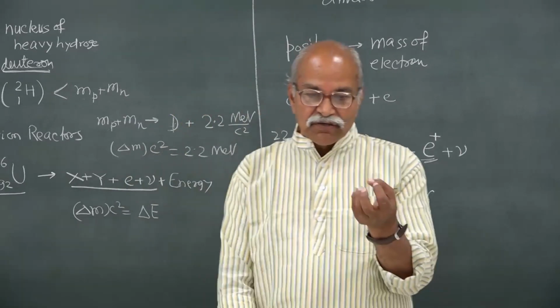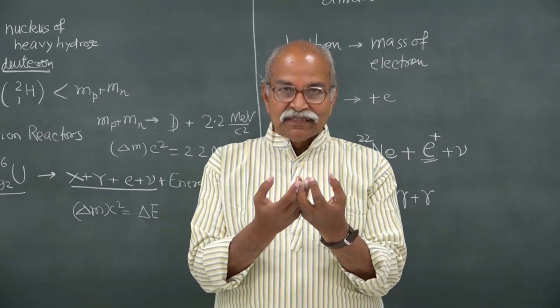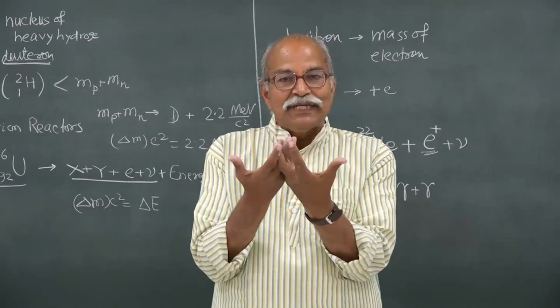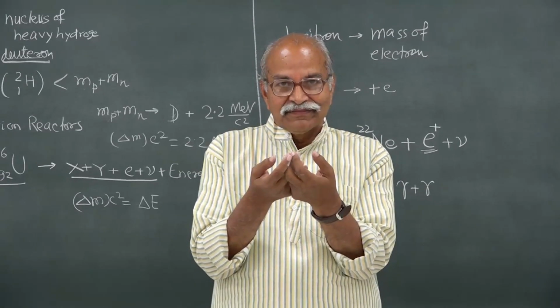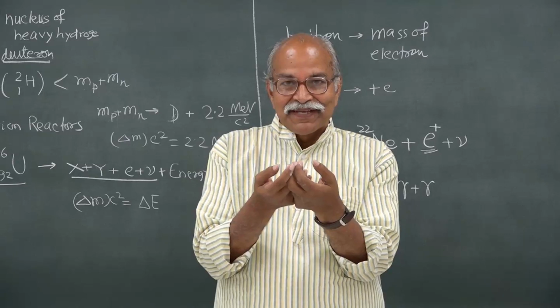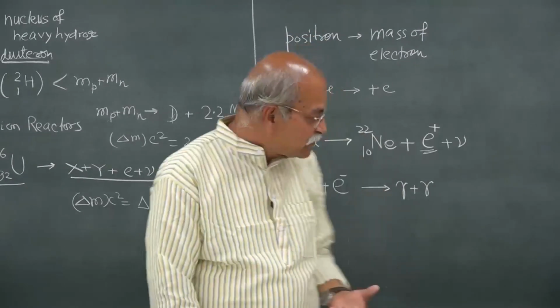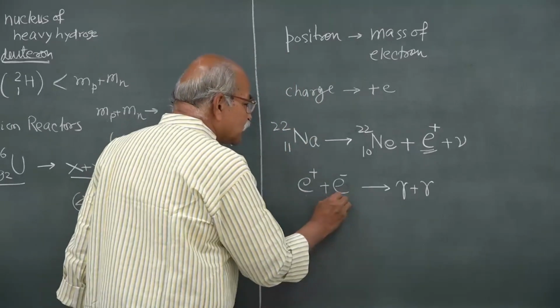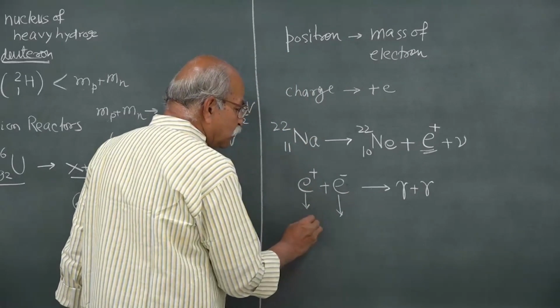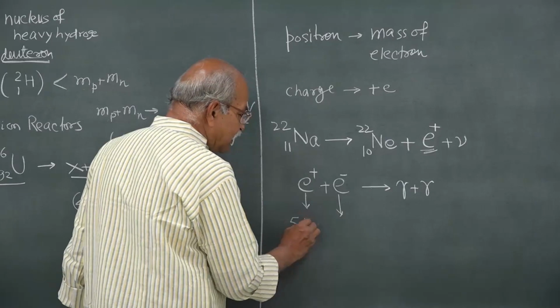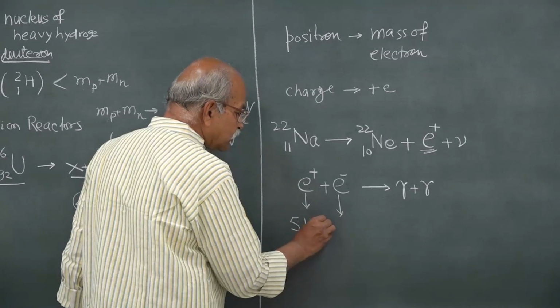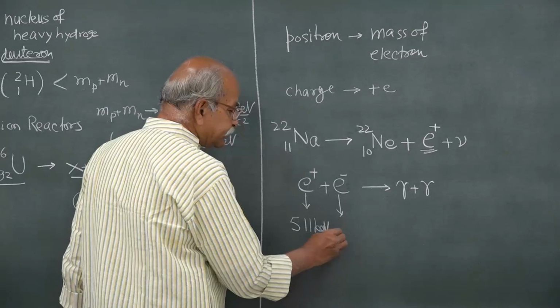If you have an electron and a positron, and they are just close to each other to start with, and this whole mass is converted into energy. How much is the mass of an electron? Mass of electron and mass of positron both are 511 keV by c square.